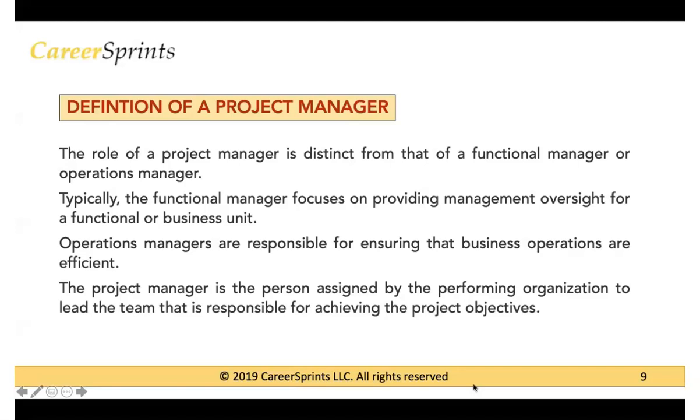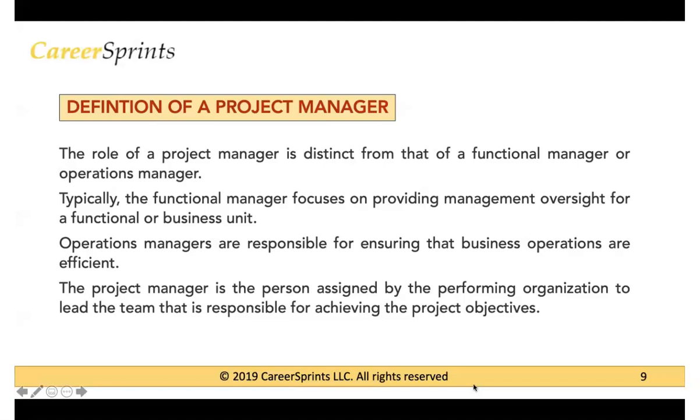So the point here is that functional managers focus on a particular function or task that is being done in the organization. Right. So it could be one specific task that is being performed. For example, development is a task that is being performed in the organization. Testing is a task that is being performed in the organization.